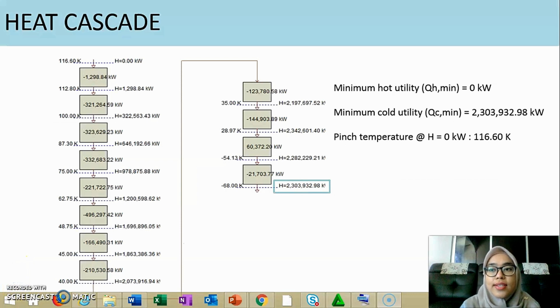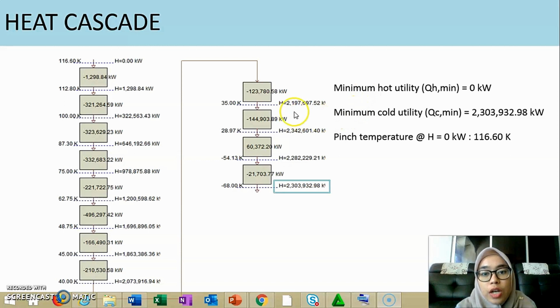Okay, so next is heat cascade. The temperatures listed here are from the interval temperature from the problem table method earlier. By conducting heat cascade, we are able to determine our QC min and also QH min. But for our case, we don't have QH min, which is the minimum hot utility.